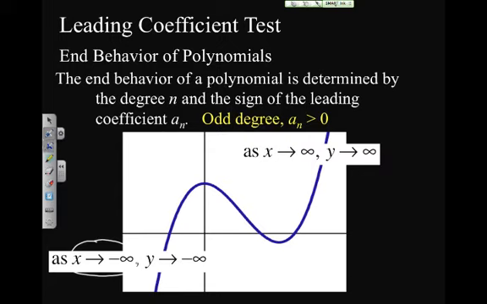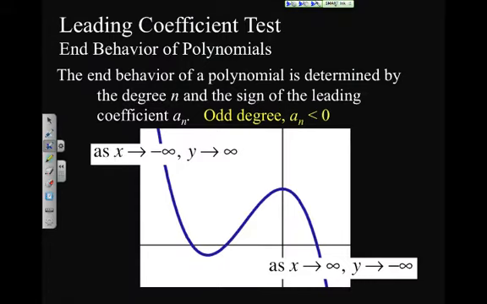And then, as x approaches positive infinity, or as the graph goes to the right, what will happen? In this case, the graph is going down on the left, so y approaches negative infinity. And as you go to the right, the graph is going up, so y is approaching positive infinity.